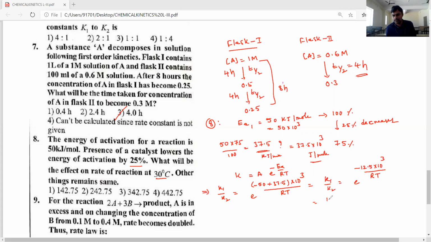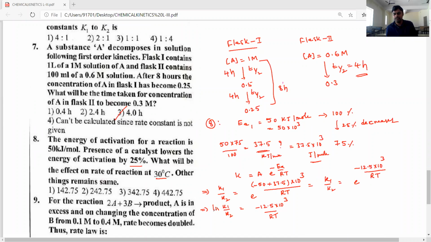So ln K1 by K2 is equal to minus 12.5 into 10 to the power of 3 by RT.